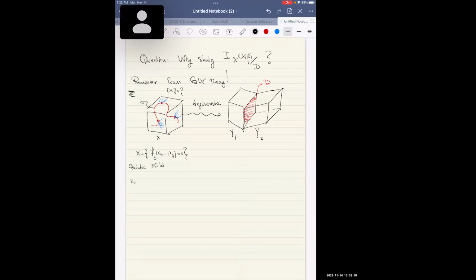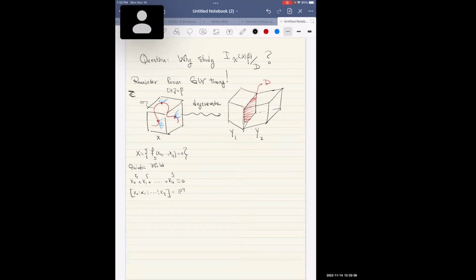It is x0 to the 5th plus x1 to the 5th all the way to x4 to the 5th equal to 0. x0, x1 all the way to x4 are homogeneous coordinates of P4. You have a hypersurface inside P4. That's a 3 complex dimensional space. It's given by Fermat-Quintic equation. It just turns out that it's a Calabi-Yau, and that's the quintic threefold that we have.